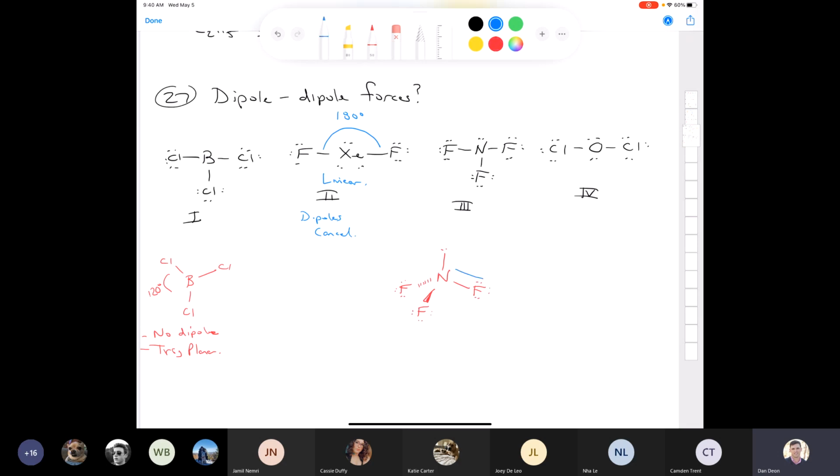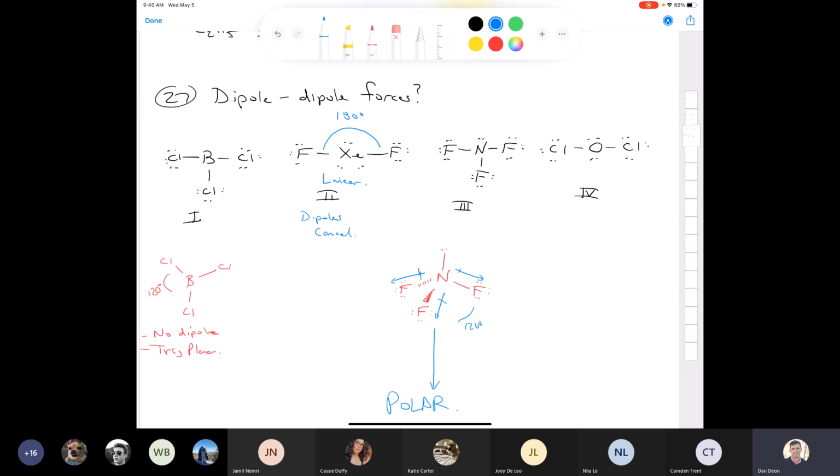I have a strong dipole going this way, another one going this way, and another one going this way. So if I have all 3 of those dipoles pulling downward to the 3 points of a triangle, overall the resultant dipole is going to be pulling down in this direction, right? Because all the bond angles are 120 degrees. And so this is a polar molecule that's going to experience dipole-dipole forces.